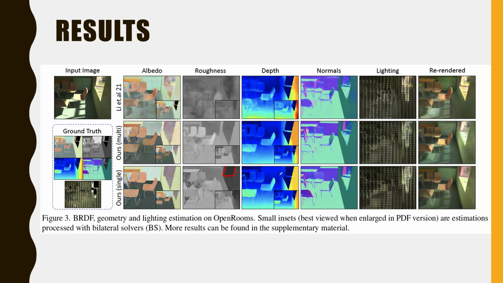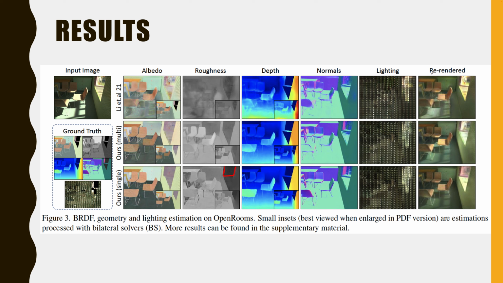We have depth, and we have depth before and after the bilateral solver. So this is before and then it's after. And this is not a big difference. But you can see that previous work is much more fuzzy, so there's clearly something better going on here. And same thing for lighting and the re-render.